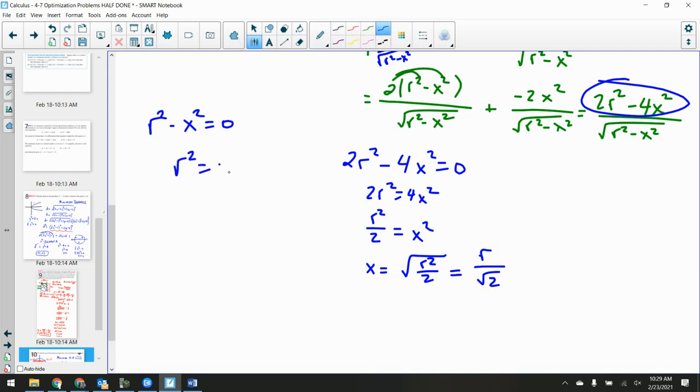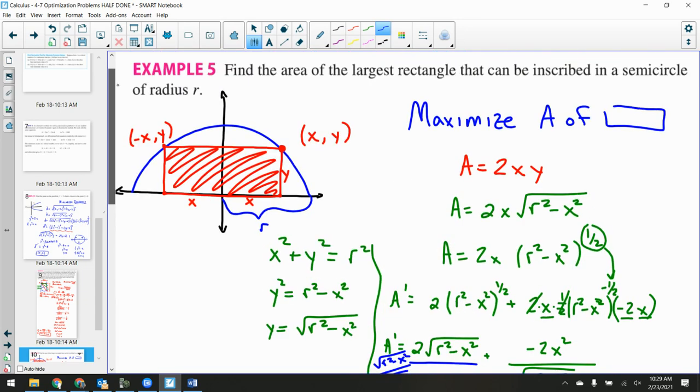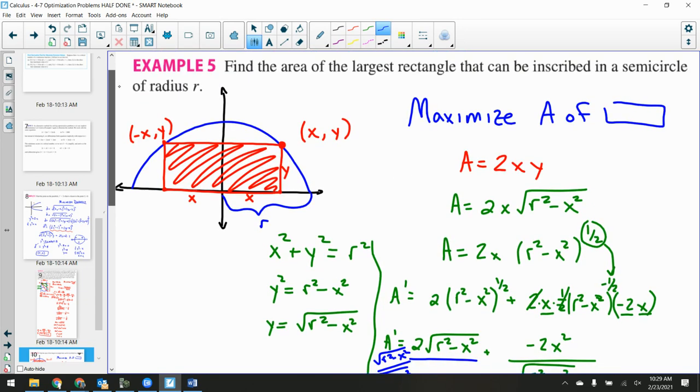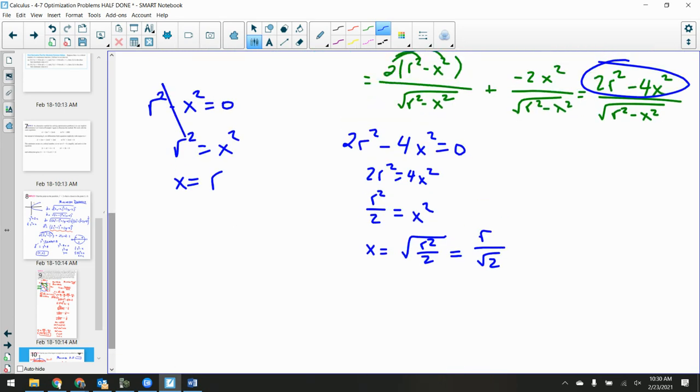So r squared is equal to x squared, so x is equal to r. But can that happen? Can x equal r? No, because then there would not be a rectangle. So this gets thrown out. That does not exist within our scenario here. So the only other location is r over radical 2. So that's my x value.